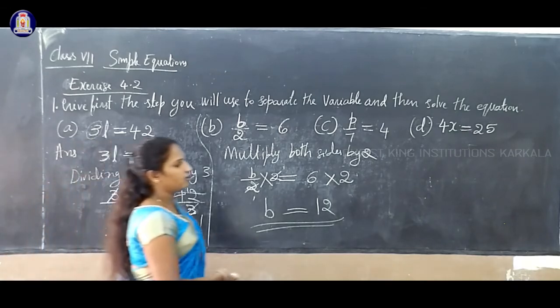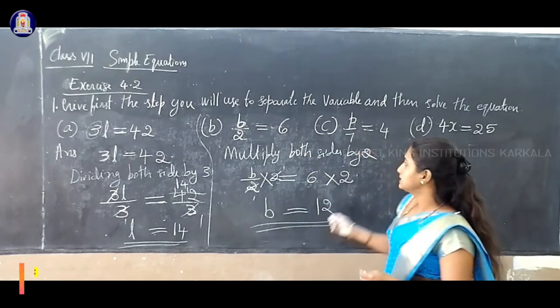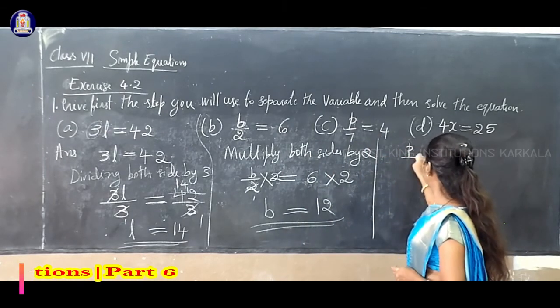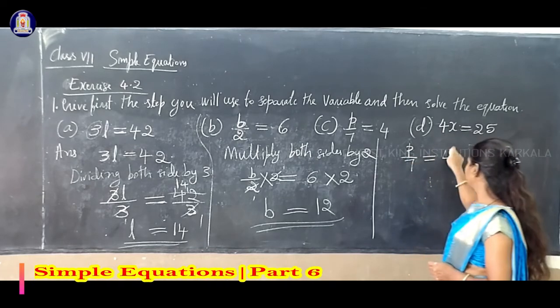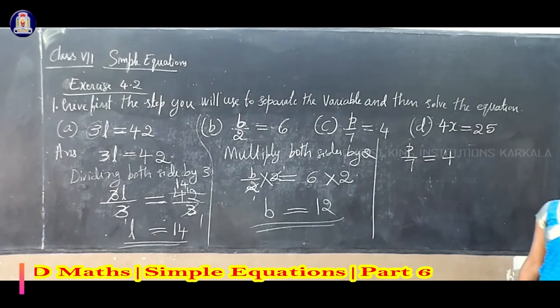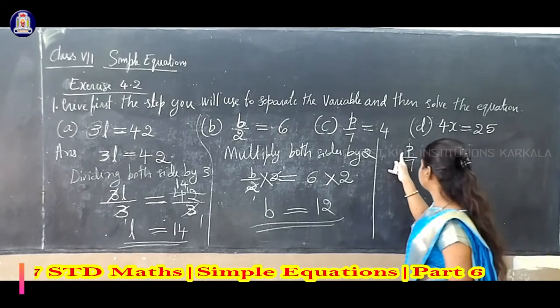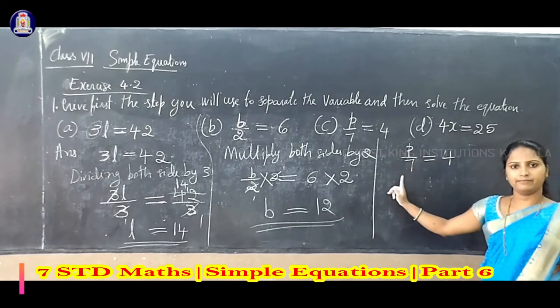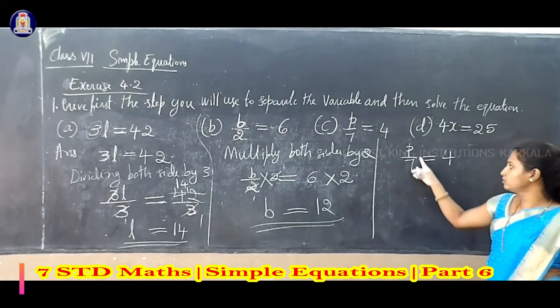Okay. Now see our question number 3. Question number 3 is P by 7 is equal to 4. Along with the variable P, it is divided by 7. So we have to remove this 7, right?